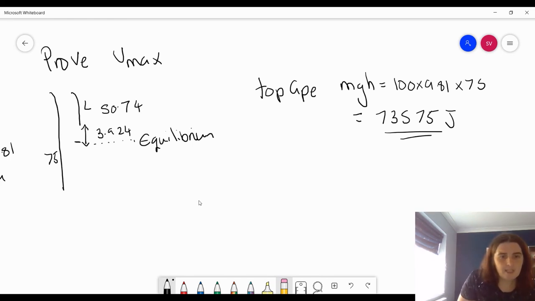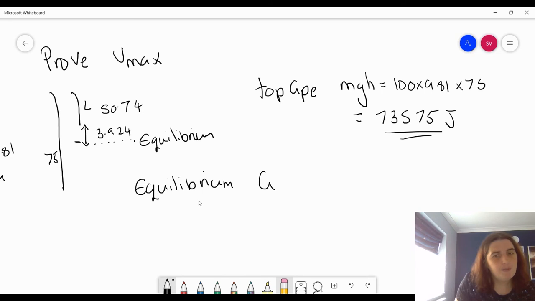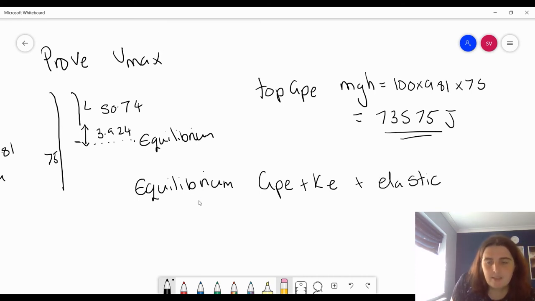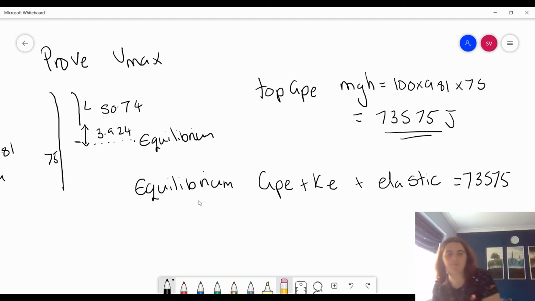So at this position, at equilibrium, is where I have my maximum kinetic energy. And I have a little bit of GPE, plus a little bit of kinetic energy, plus some elastic too. So let's work out how much I've got. I know this is going to equal 73,575 at this point.